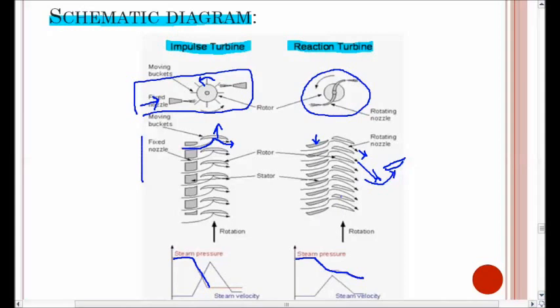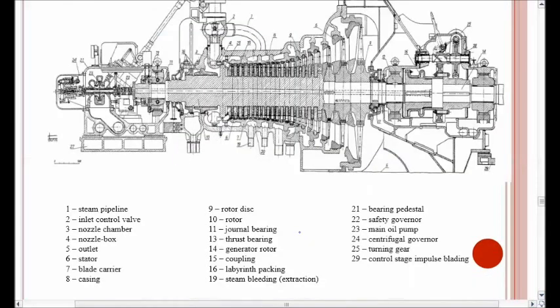So no reaction turbine can omit a fundamental law of an impulse mechanism. That means a reaction turbine has in the first stage an impulsive action, and when it progresses through the turbine it has the reaction mechanism. That means the pressure is extracted in stages in a reaction turbine.